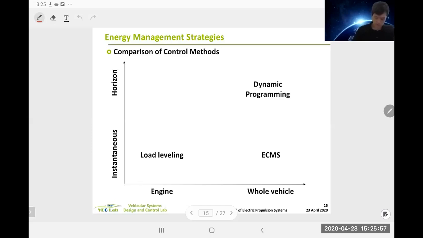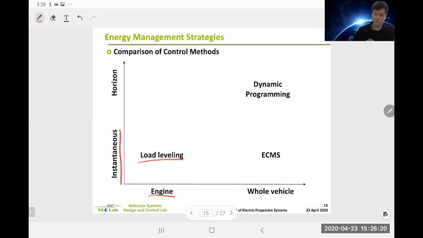And comparison of control methods. So again, load leveling is engine centric, tries to optimize the engine, and it's an instantaneous approach, meaning steady state condition, right?